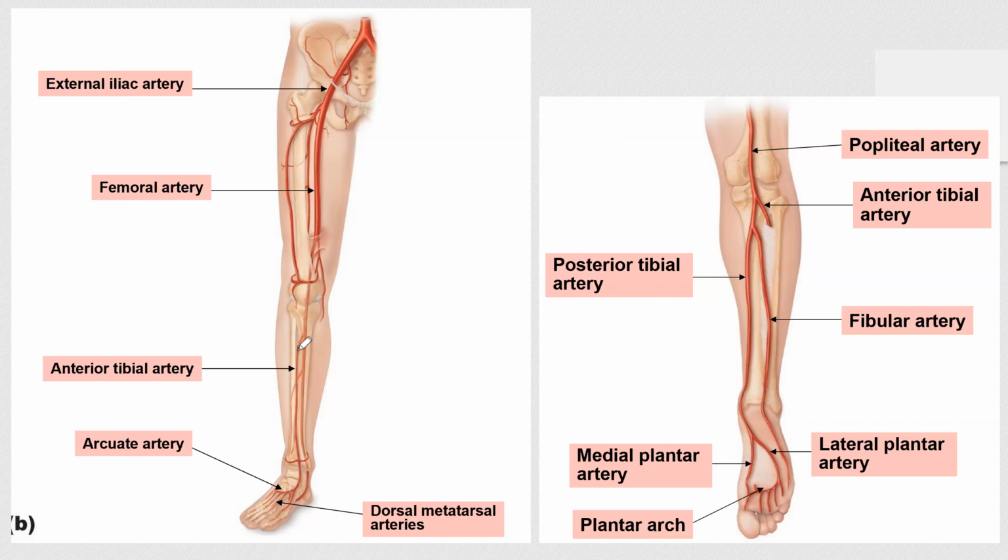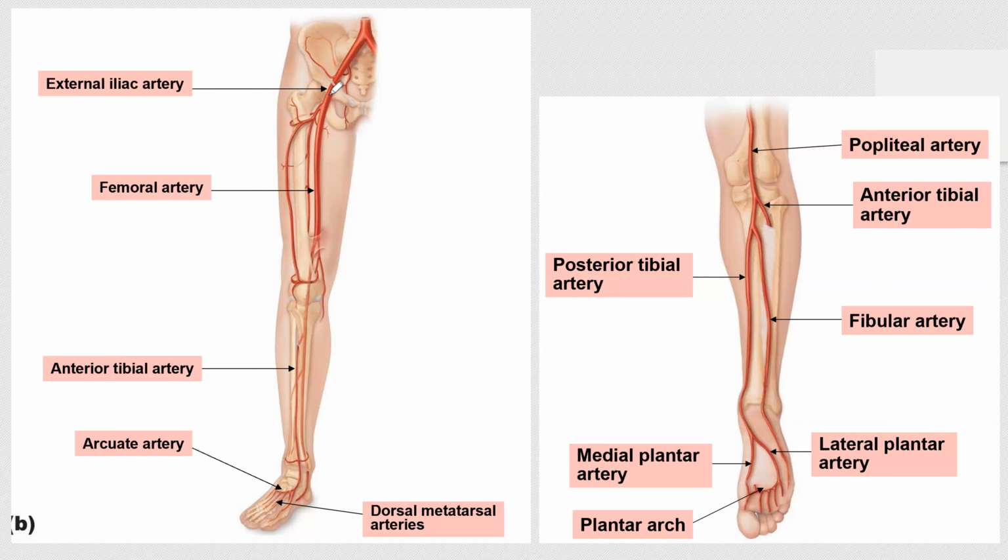And anterior tibial forms this arcuate artery, and it gives these dorsal metatarsal arteries on the dorsal side of the foot. All right, so let's repeat what we need to know here. External iliac, right? It's actually exiting the pelvic cavity through the inguinal canal, right?